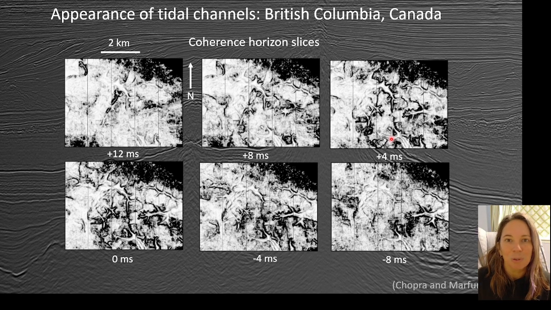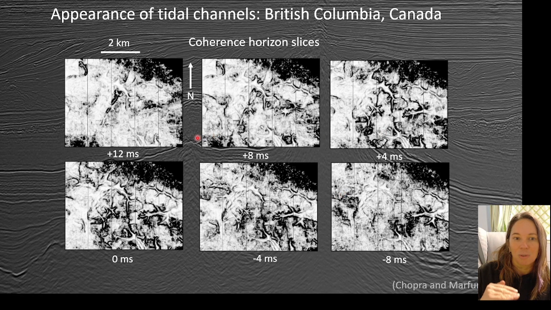So now we can move through the horizon slices, moving down in time. From our 0 milliseconds where we've picked the seismic data, we can move down in time from -4 milliseconds to -8, or up in time also. So we're doing those phantom horizon slices, just moving up and down so that we get a better idea of the channel system.